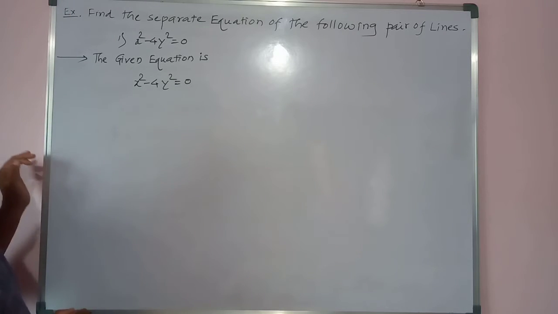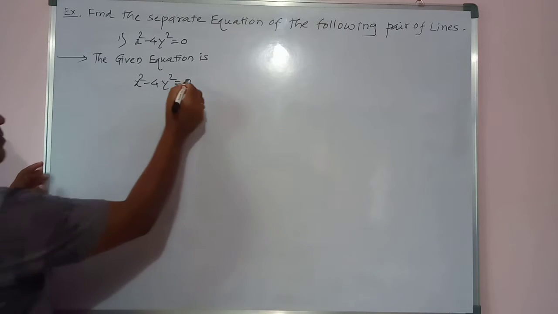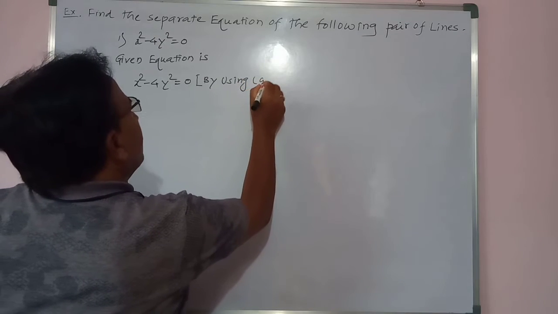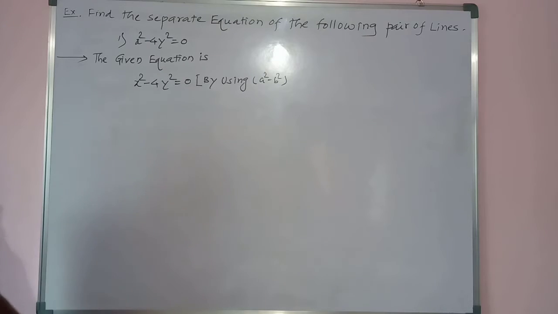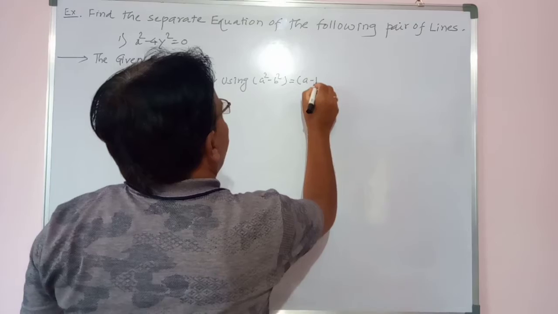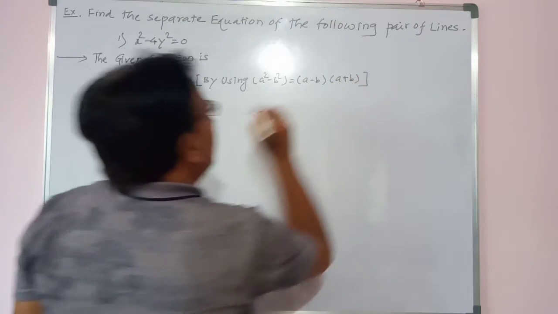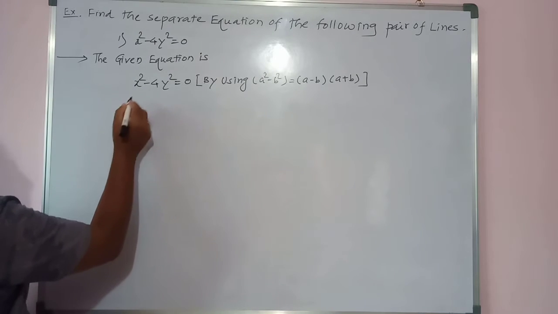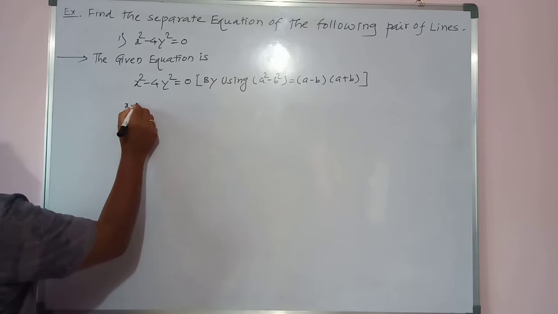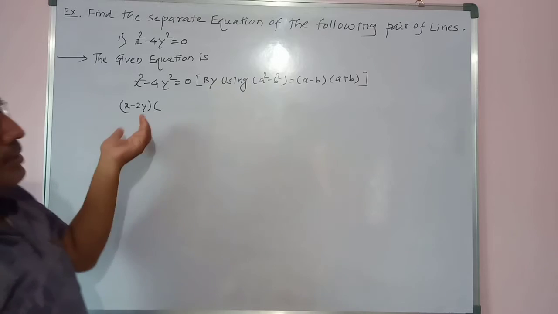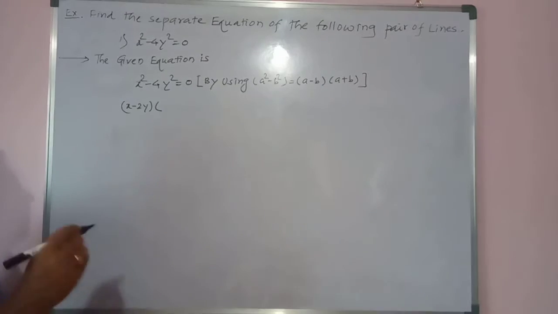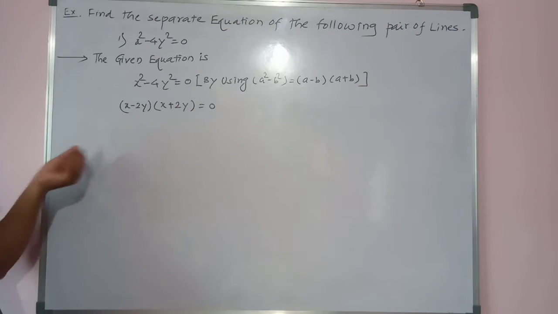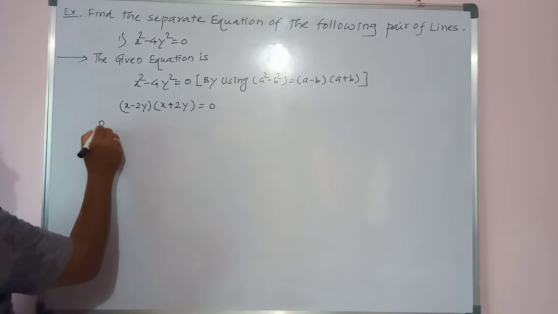Therefore, by using the formula a square minus b square equal to a minus b into a plus b, we use x square is x, the square root of 4 is 2. a minus b means x minus 2y, and the other is a plus b, a means x and b means 2y, x plus 2y equal to 0. x minus 2y into x plus 2y equal to 0 is the required separate equation.